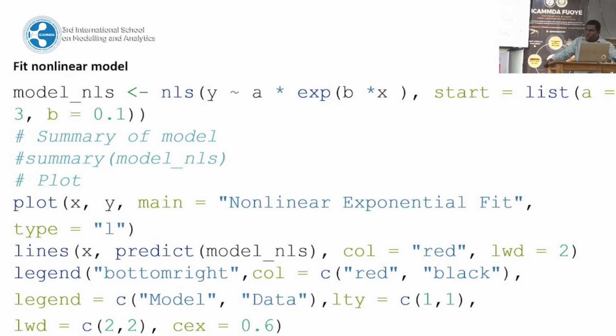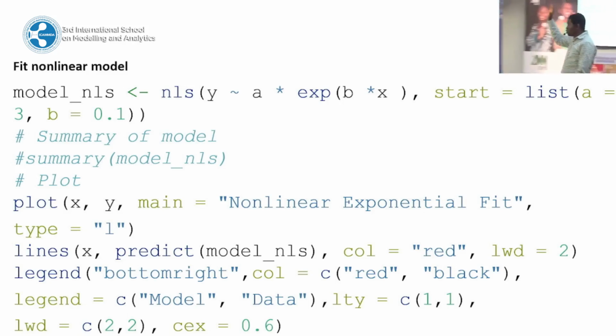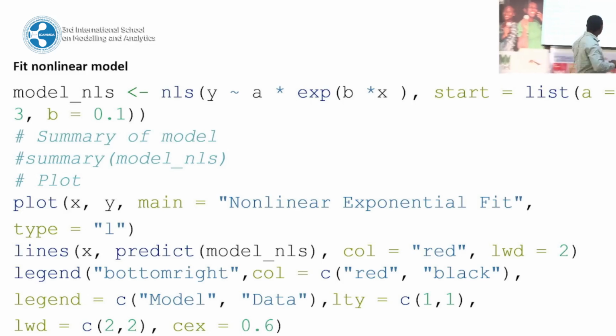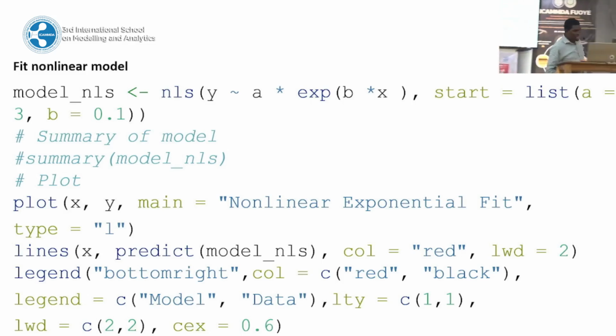When you run the code, it has now done the parameter estimation. And you can check the summary if you want, as summary model underscore NLS. How many of us have tried that? Did you run the model already? Good. I hope you didn't have an error.